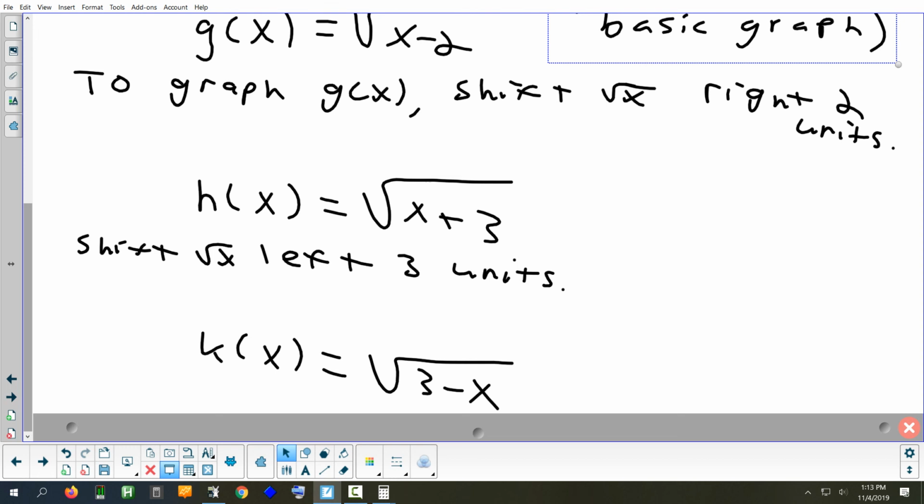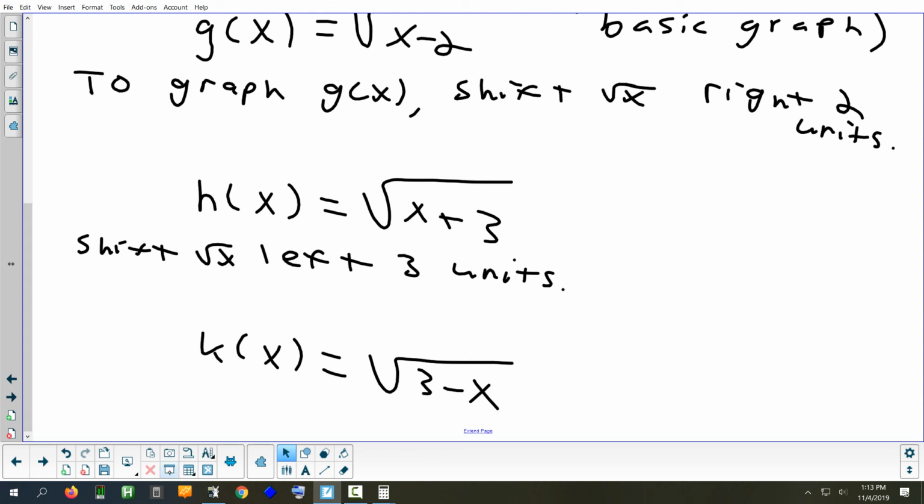How about this one? It's not quite what we're looking for. What do you think I should do first? Negative x, so it's negative x plus 3. Yes, write it like this. So it's the square root of negative x plus 3.